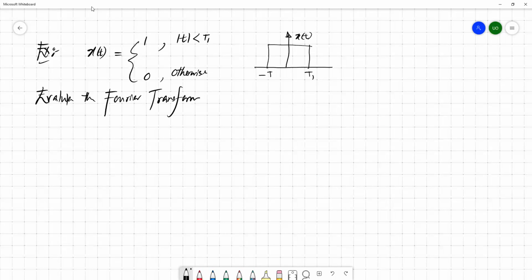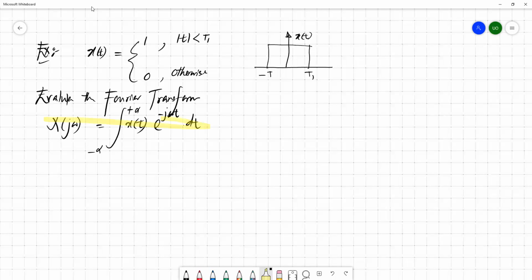So how do you evaluate the Fourier transform? This is the fundamental equation: X(jω) equals the integral from minus infinity to plus infinity of x(t) e to the power minus jωt dt.